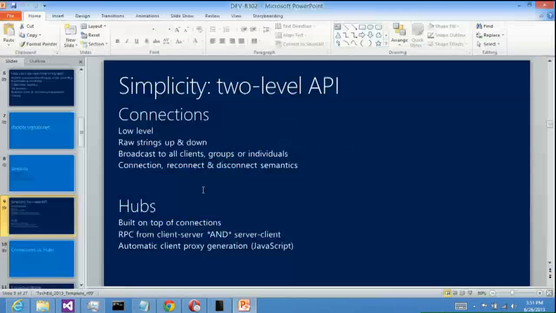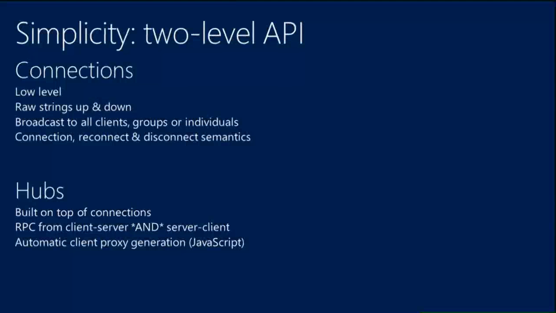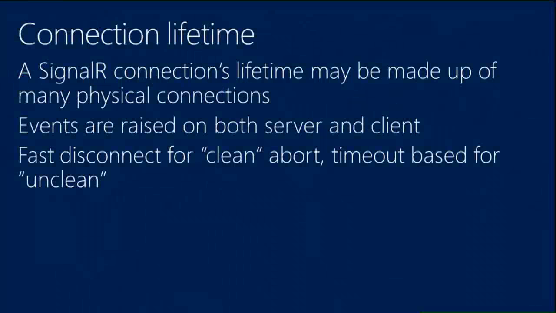So let's switch back to our slides. Connections versus hub. Connection lifetime. What's interesting over here is basically when a connection starts between a SignalR client and a server, a lot of things can happen.